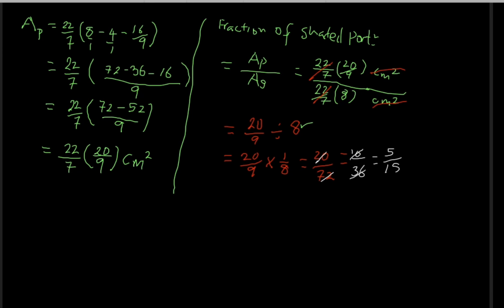So 5/18 is the fraction of the shaded area. Meaning that if the whole area of the original semicircle is divided into 18 parts, then 5 of the 18 parts would be the shaded area. It means 5 out of the 18 parts of the original area is shaded.